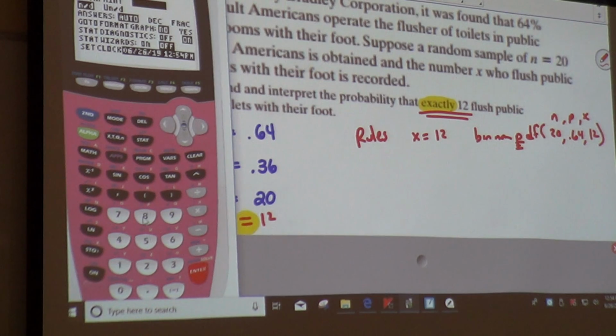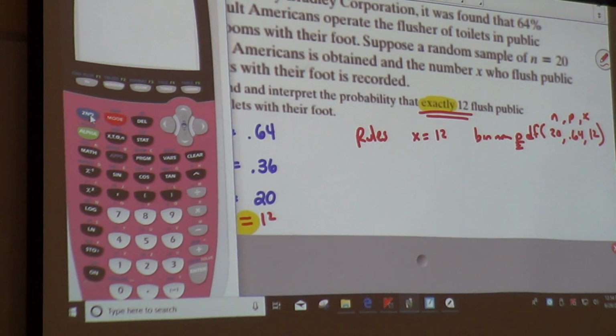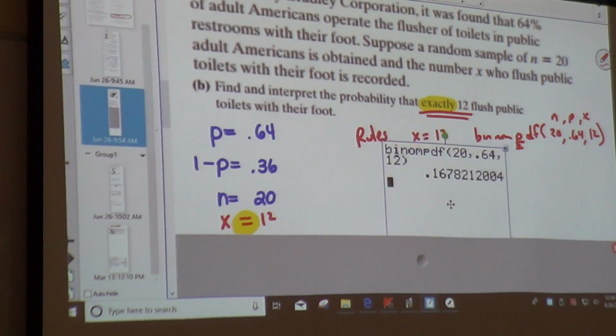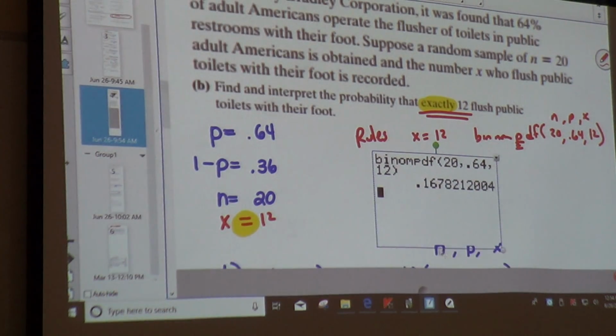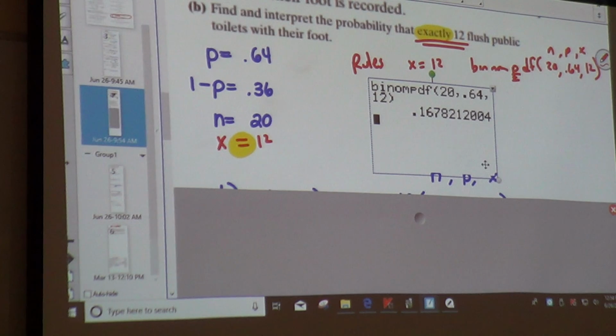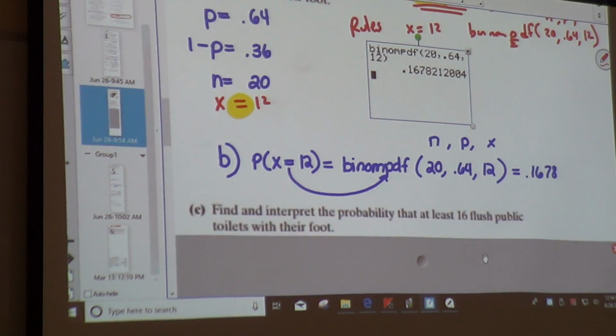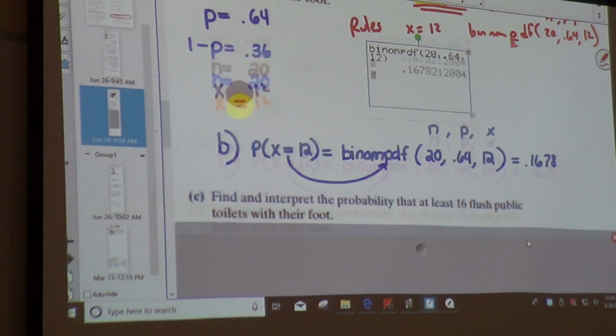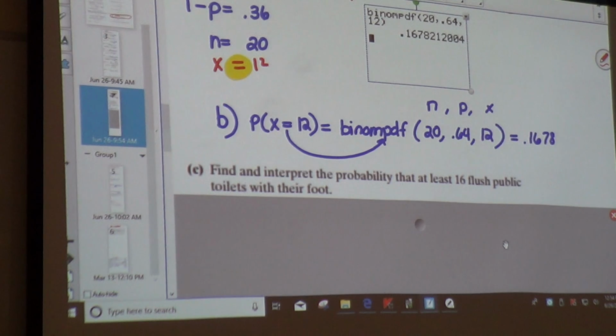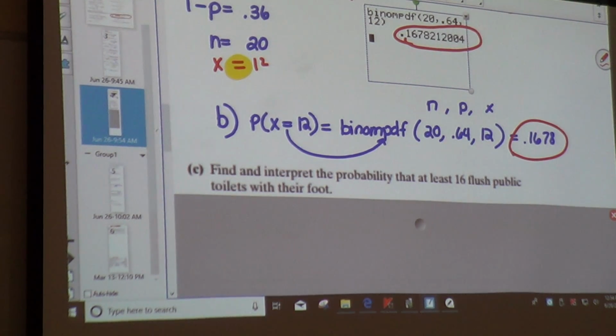Put it in classic mode so that it will wrap around. There we go. The equal means that we're doing the PDF, and so it's going to be 0.1678 as my answer. Good for the first one?